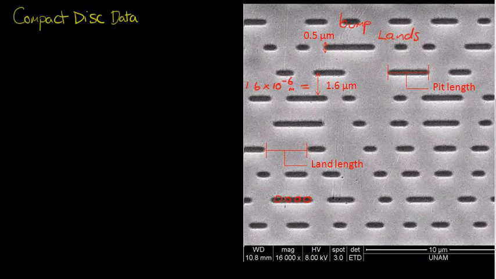Note also from the last video that the bumps or the land represent a string of zeros, and it's the change between the bump and the land that will record for us a 1. Otherwise we have zeros. Here's a change, turns into a 1, 0, 0, change, 1, 0, 0, 1, etc.